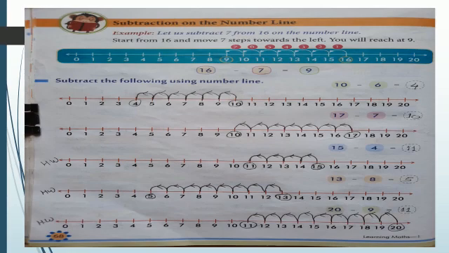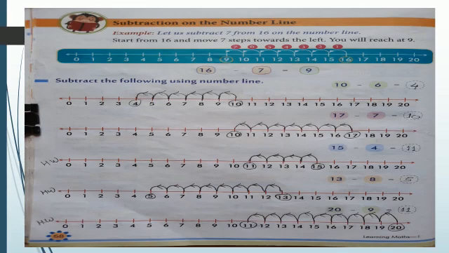For subtraction, first see the bigger number. Which is the bigger number? 16 is the bigger number. So circle the number 16 on the number line. Now we have to subtract 7 from 16. So what do we do?